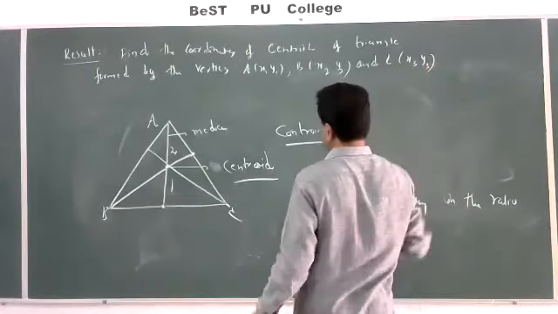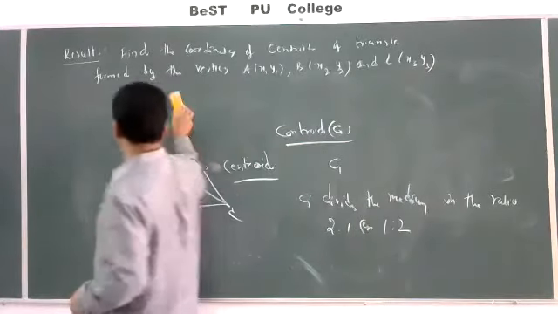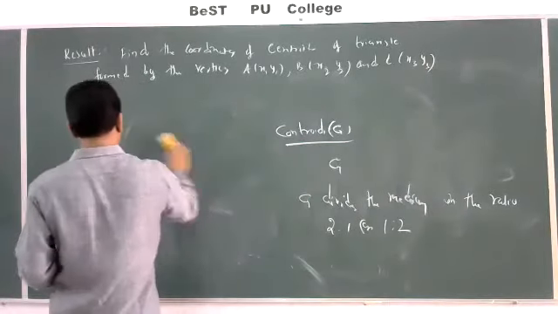So to form the triangle we required 3 points, 3 vertices. These are the vertices of the triangle.